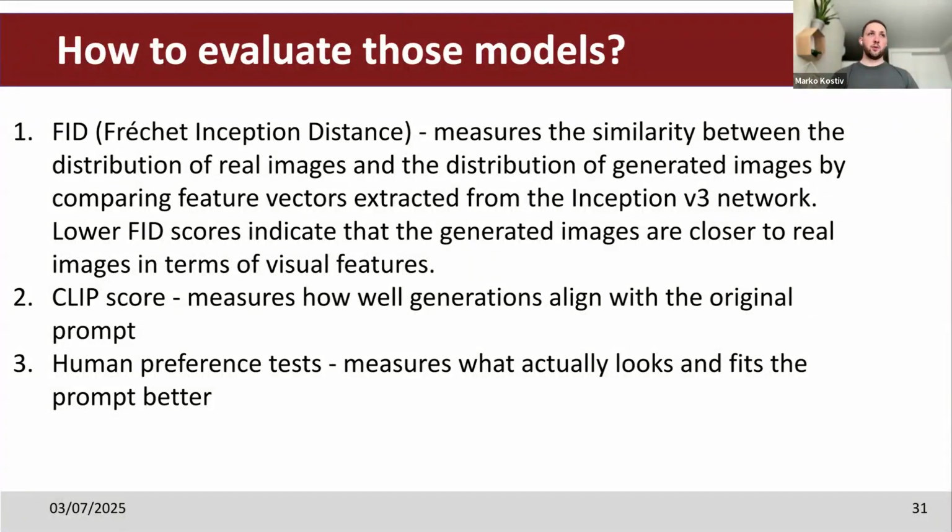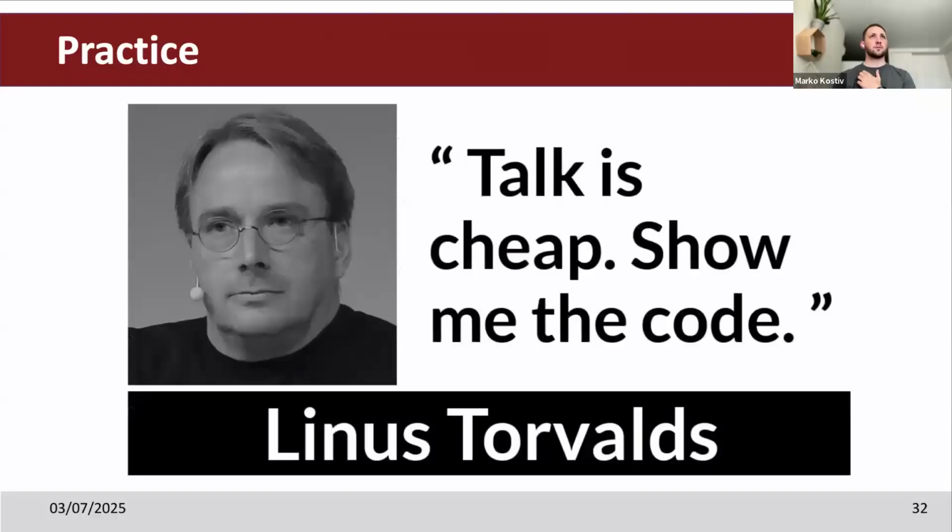But what works best, to be honest, is actually the human preference test. It measures what actually looks and fits the prompt better. So you just create this A/B test of multiple images generated by two networks. You show both of them to your annotators, and they vote what looks better and connects to the prompt better.